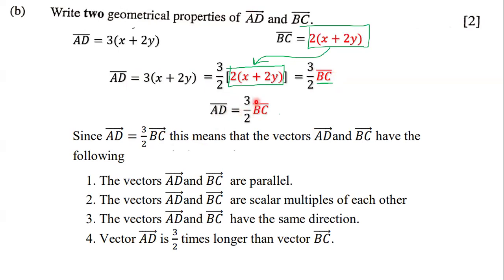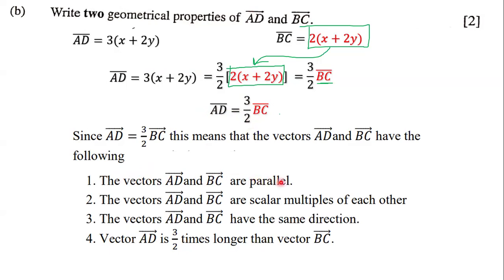Now, what does this mean? Well, this means that we can take BC multiplied by 3 over 2 and we get AD. So what follows from us understanding that AD is equal to 3 over 2 BC? Well, the first thing that we know is that the vectors AD and BC are parallel to each other.